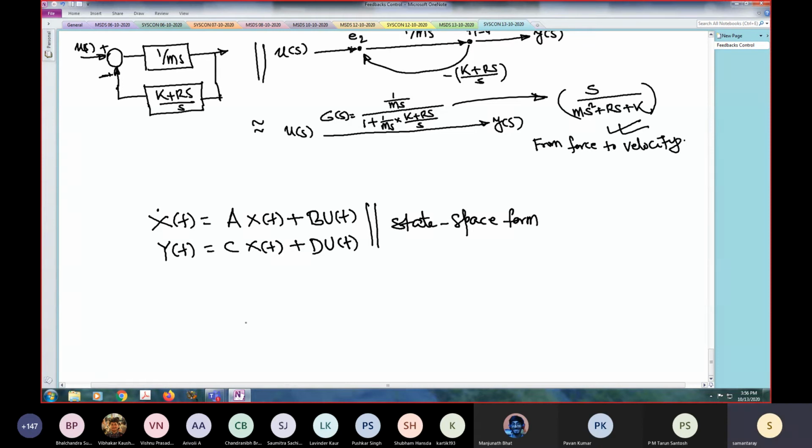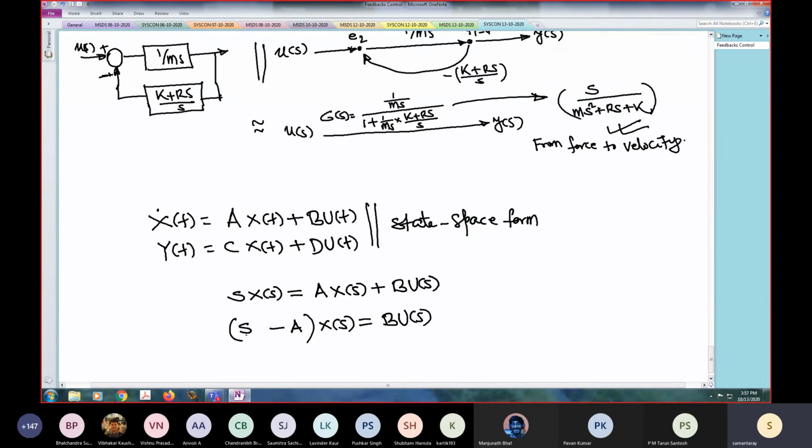We take Laplace transform of both sides. So what do I get? S times Xs is equal to A times Xs plus B Us. Now I take this to the left side. S times Xs minus A times Xs is equal to B Us. Now there is a problem.